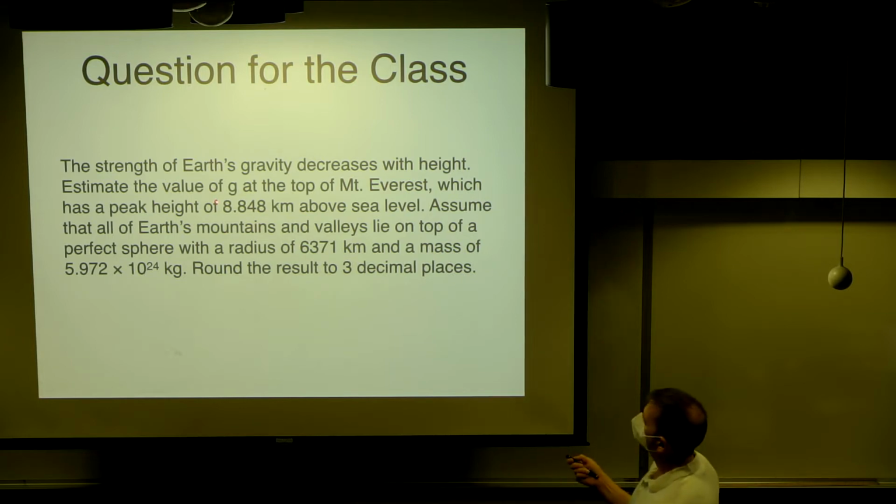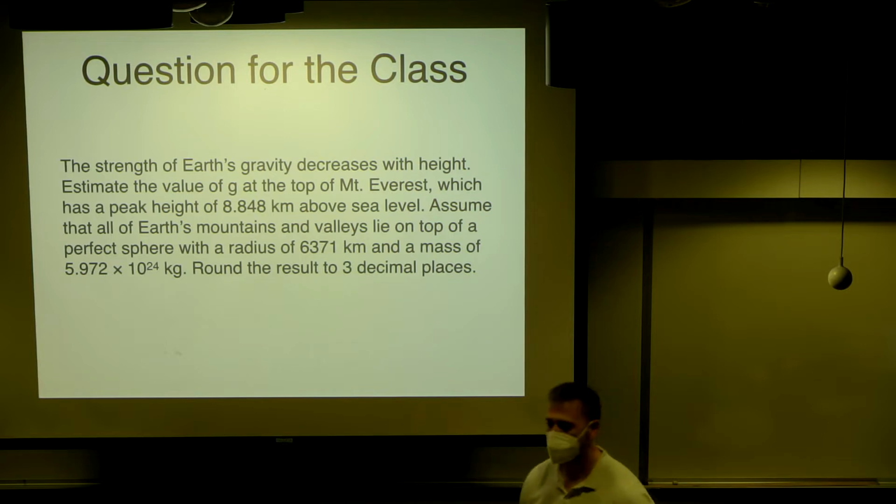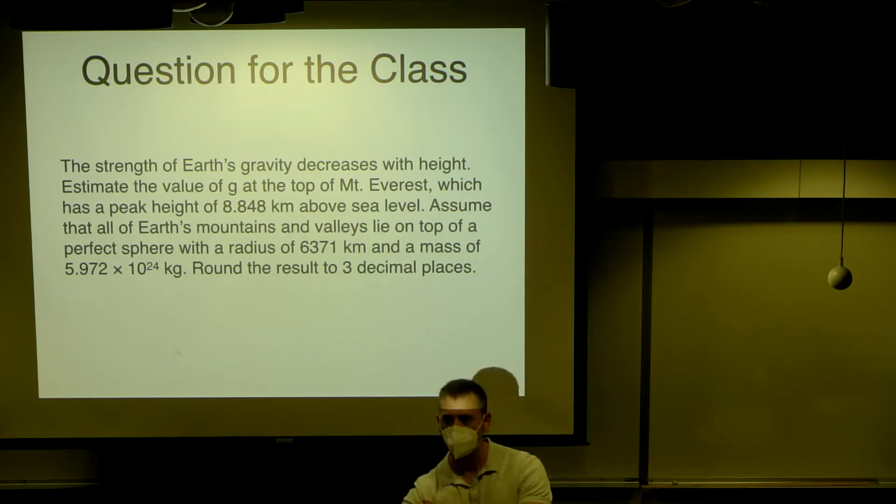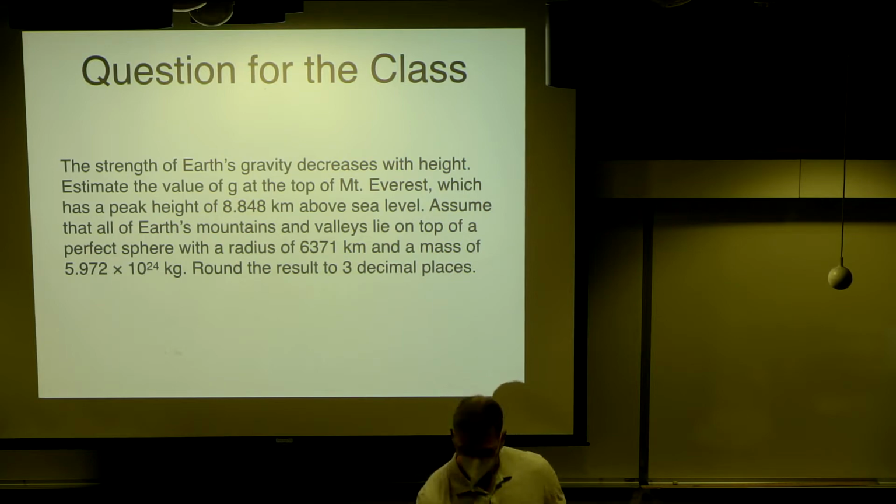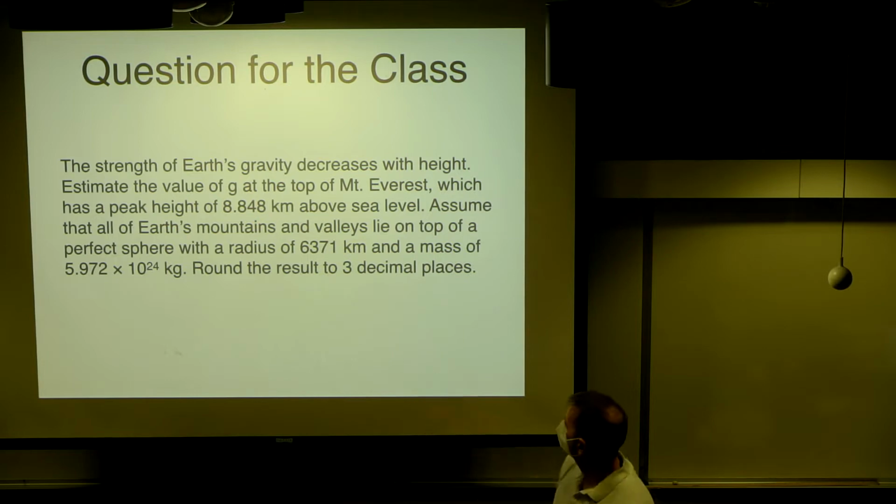What I want you to do here is try to estimate the value of lowercase g at the top of Mount Everest. Here's some data that you'll need to do this. Mount Everest has a peak height of 8.848 kilometers above sea level. To do this calculation, assume that Mount Everest is just sitting on top of a perfect sphere, so that if you're on top of Mount Everest, you're just a little bit further away from the center of the Earth, by this much.